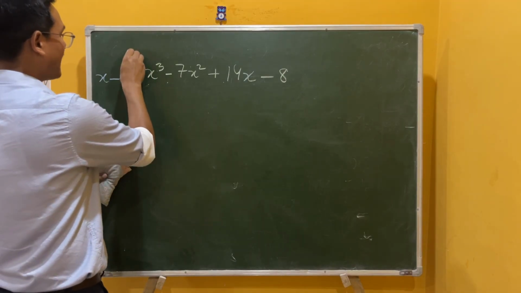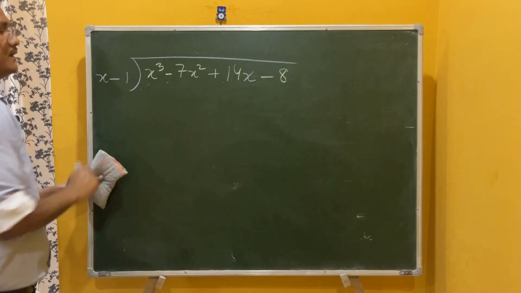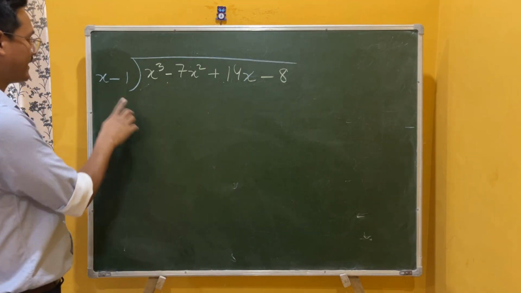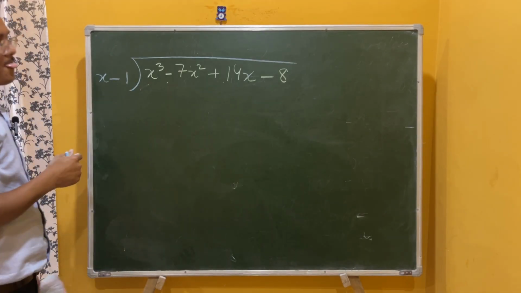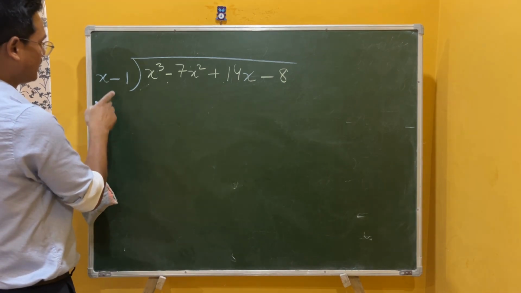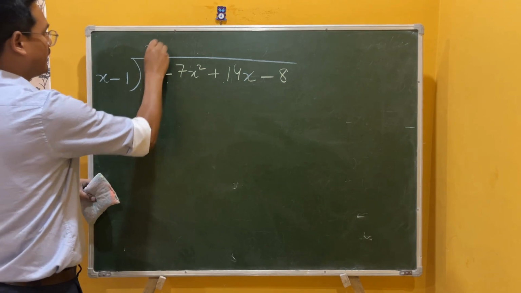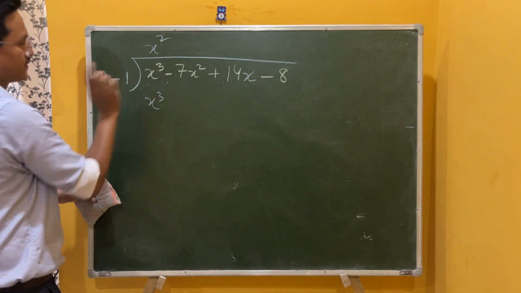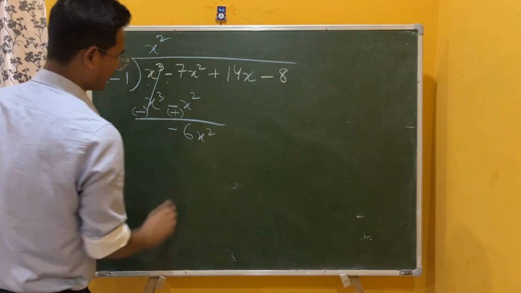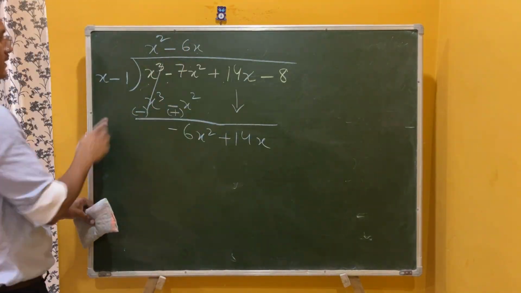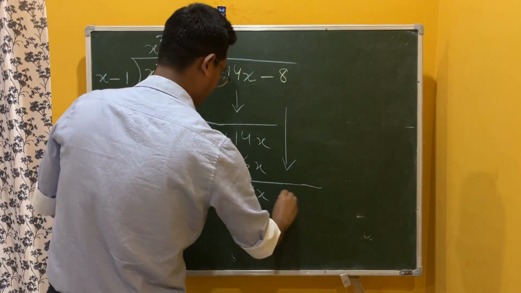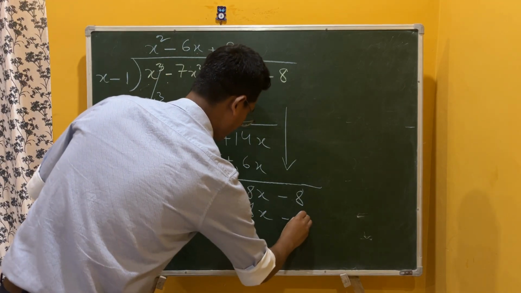So if x minus 1 divides the given expression, the remainder must come 0, because we have verified that this is a factor. So let us divide. So how do we do it? First, x into x square is... minus 8.